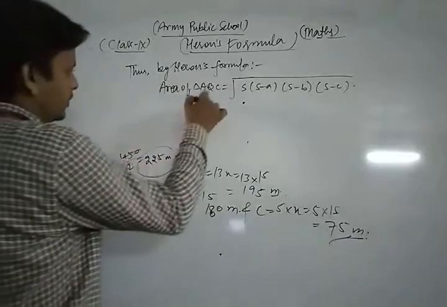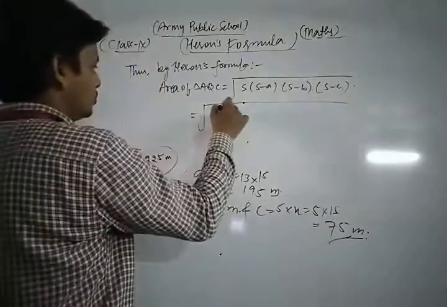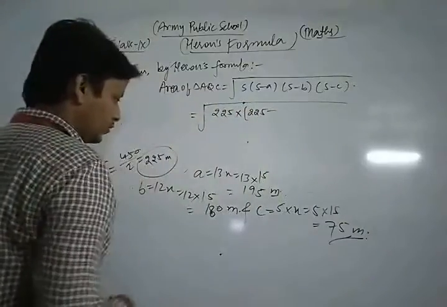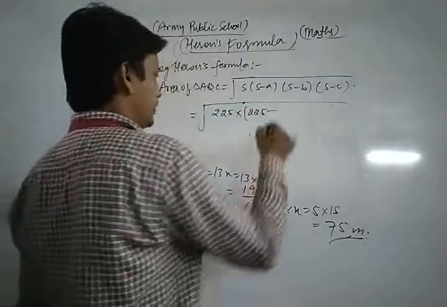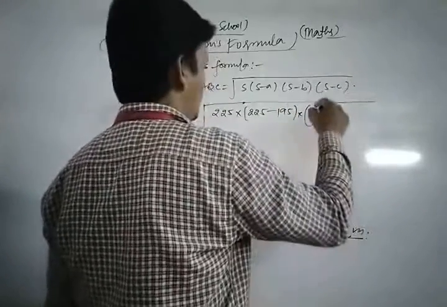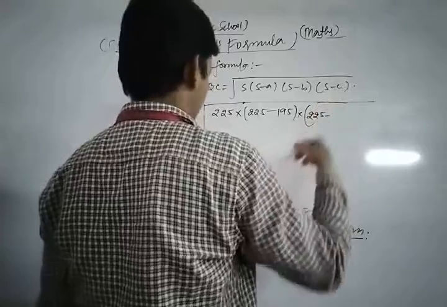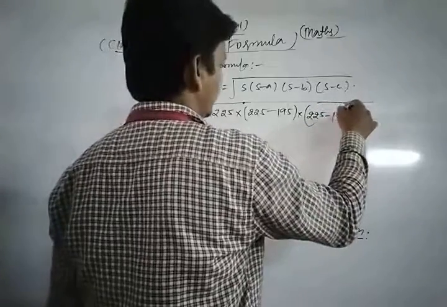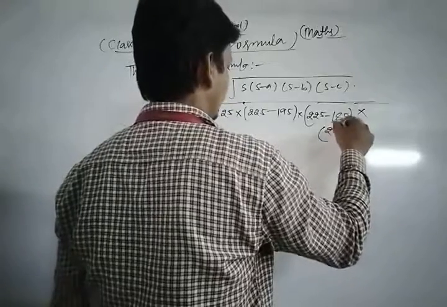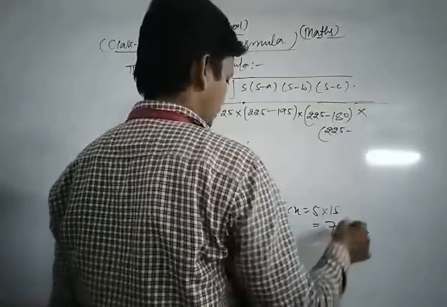So now we put here 225 into (225 minus a) that is 195, into (s minus b), b is 180, into (s minus c), s is 225, c is 75.